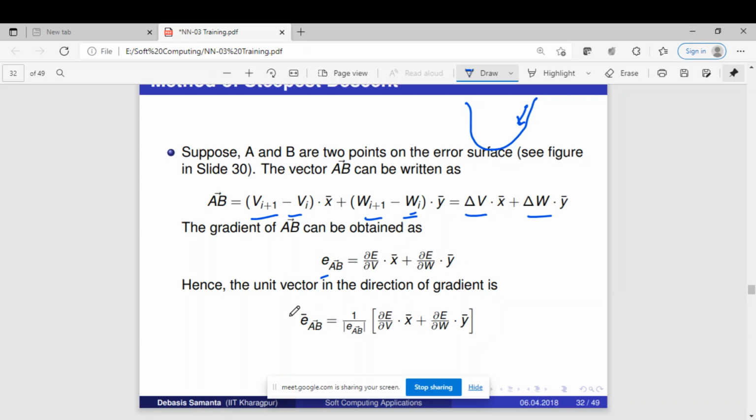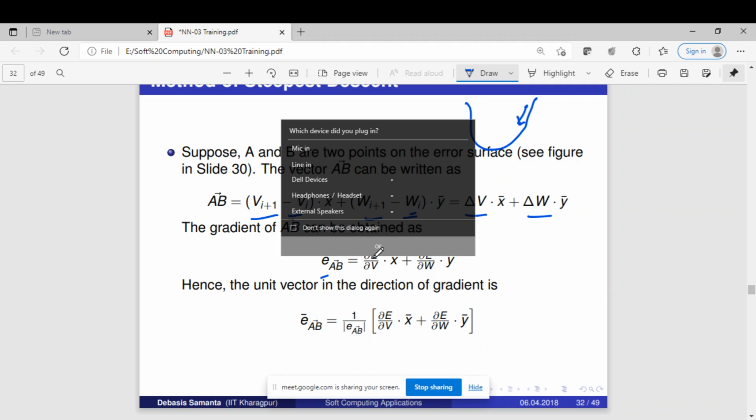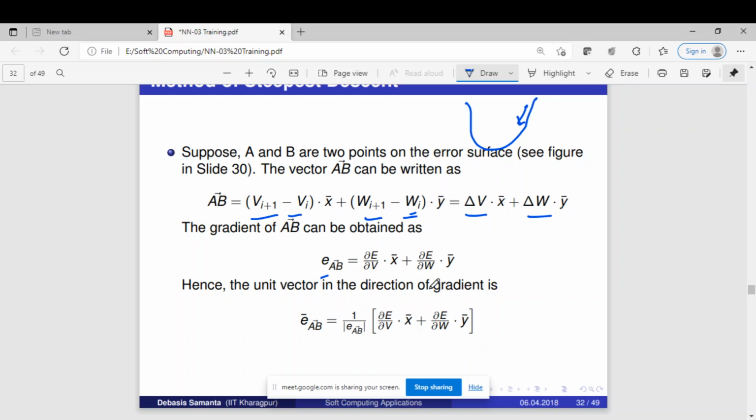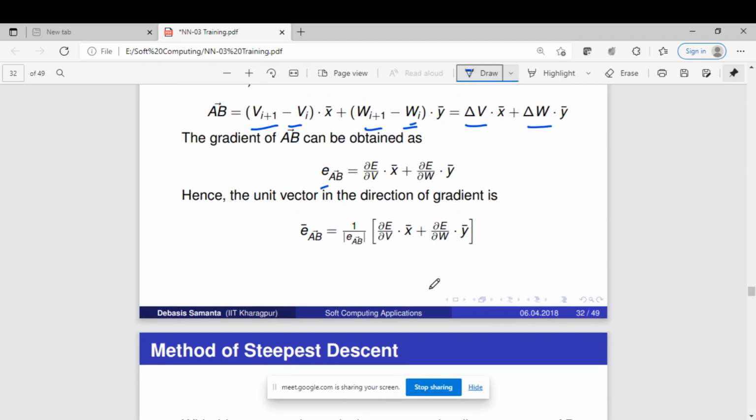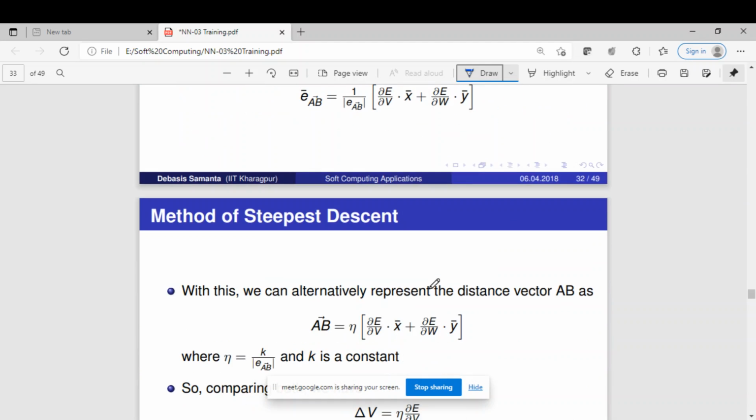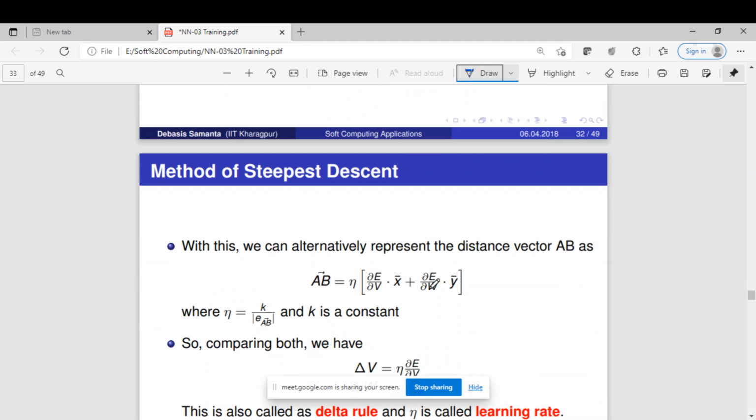This entire thing we want to represent as a unit vector, so we are dividing it by itself. When you divide that by itself, you will get a unit vector. So that is how we got that equation.